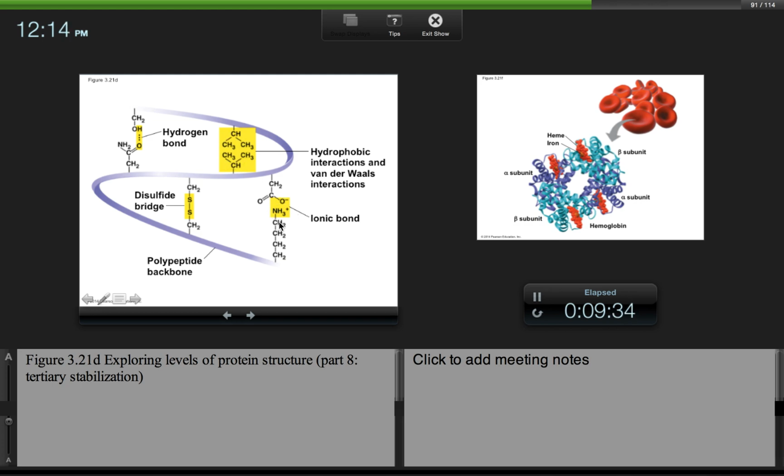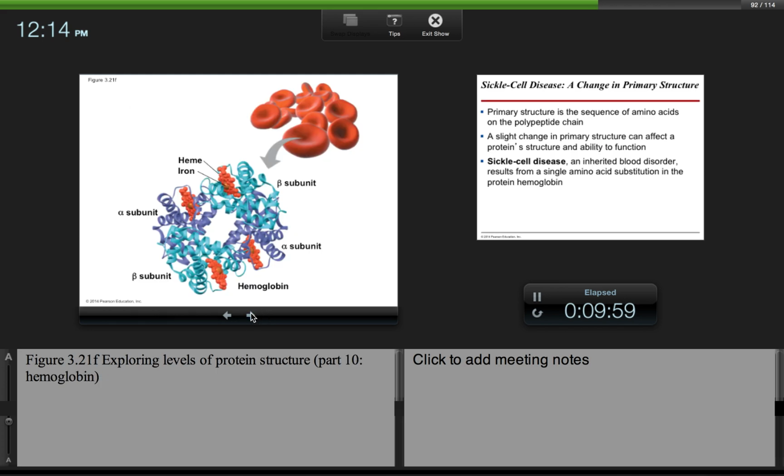Here we have an ionic bond occurring between a negatively charged oxygen and a positively charged hydrogen, different from a hydrogen bond because this results from partial charges on the elements. These are full charges. And then, of course, your disulfide bridge, where you have an interaction between two sulfurs.